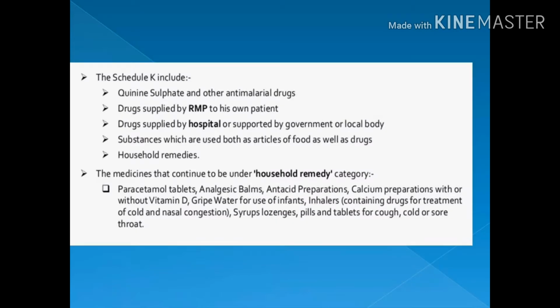Schedule K basically contains the class of drugs which is not sold for medicinal use and should be labeled conspicuously with the words not for medicinal use. They are basically the OTC medications, like over-the-counter drugs.